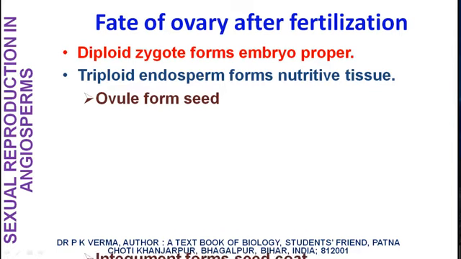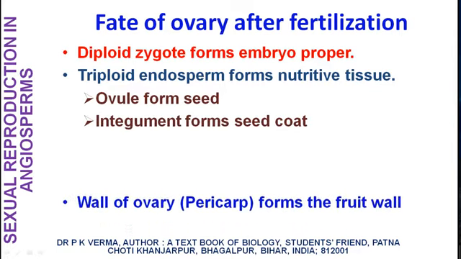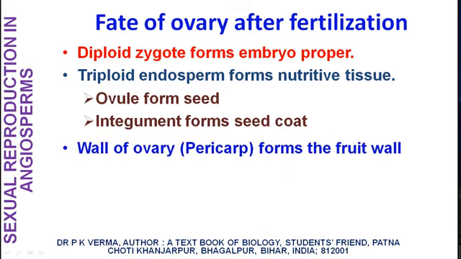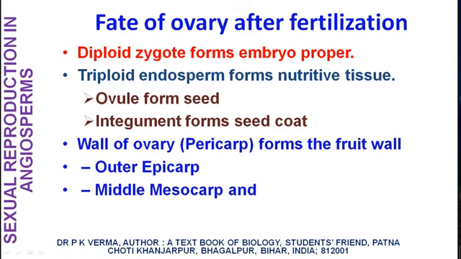Now the ovule forms the seed, the integument forms the seed coat, and the wall of the ovary or pericarp forms the fruit wall. The outer layer is epicarp, the middle is mesocarp, and the inner is endocarp. In mango, the epicarp can be removed after ripening.